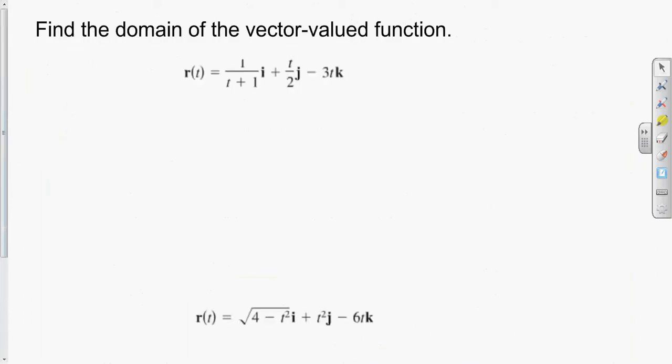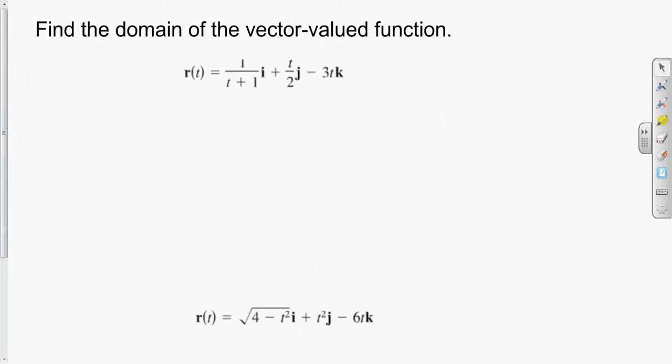So let's look at some problems. Find the domain of a vector-valued function. Here the domain, you recall from earlier math, if it's a polynomial and it's not rational, then the domain would be all real numbers.